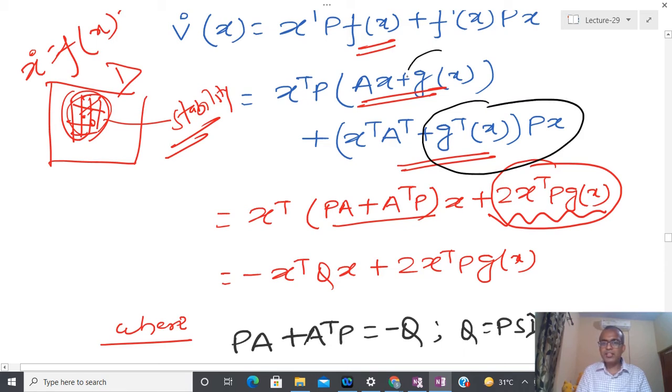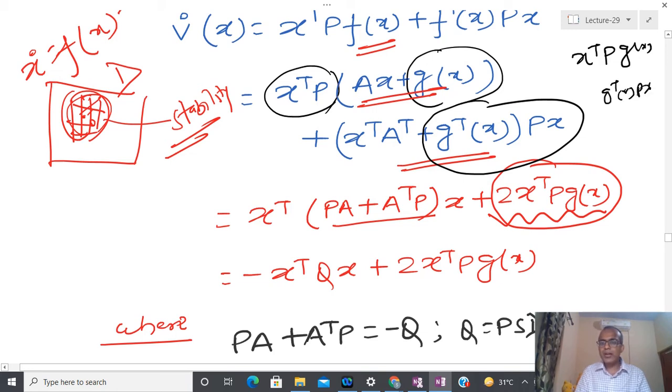One term is x transpose P into g(x), another term is g transpose(x) into Px. Why are both equal? If both are not equal, then I cannot use the factor 2 and the equality sign. It's a symmetric matrix, for that reason. But only the P matrix is symmetric, while x and g are not symmetric. Then why are we able to write like this?